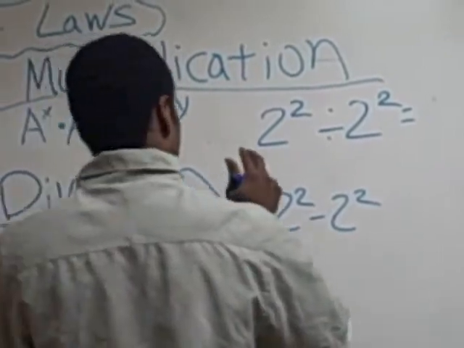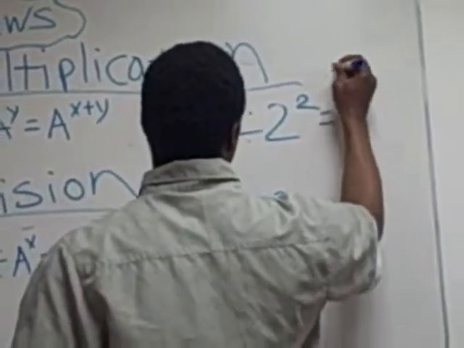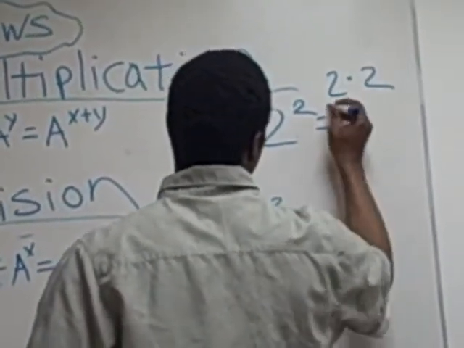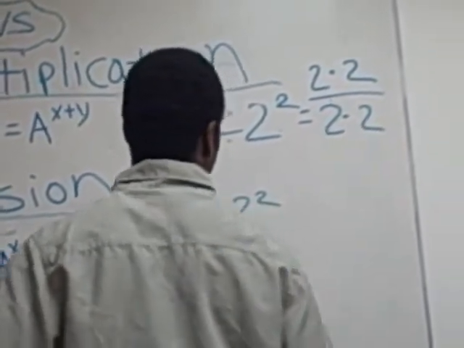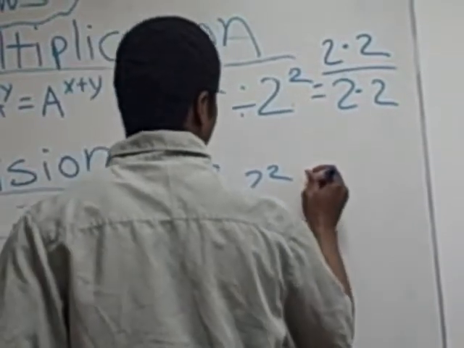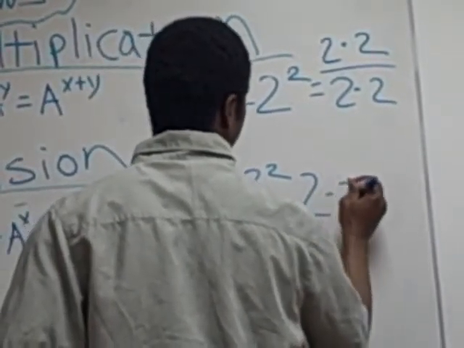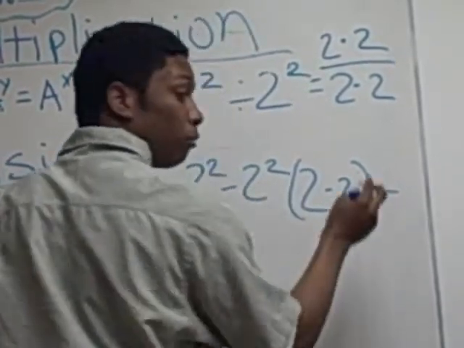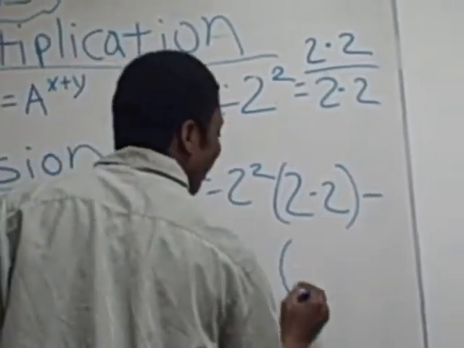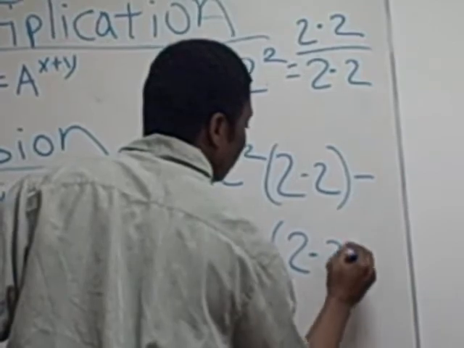So, the numbers used in this division problem are 2 times 2 divided by 2 times 2. Here, it's just 2 times 2, parentheses, minus, we'll put this down here, 2 times 2, right?